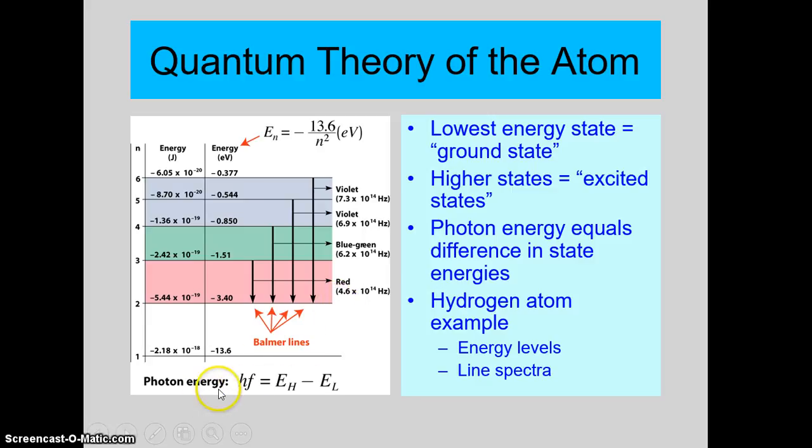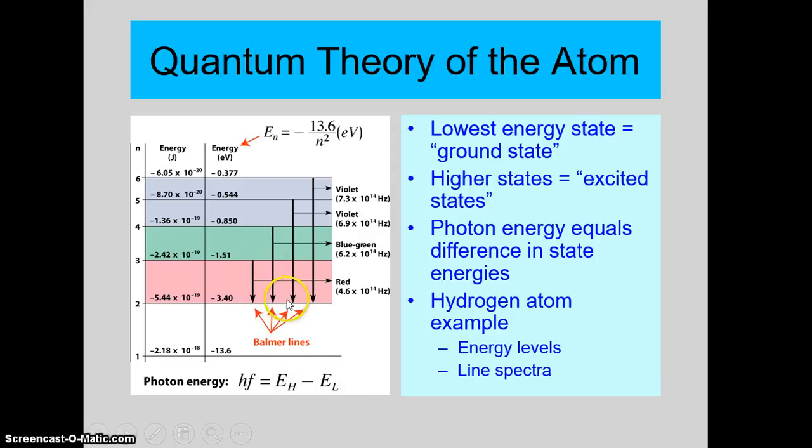So what Bohr said is when the electron makes a transition from a higher state to a lower state, a photon will be emitted, and the photon will have energy h times f, which we already know, and it's really the energy in the higher state that the electron was in minus the energy in the lower state.